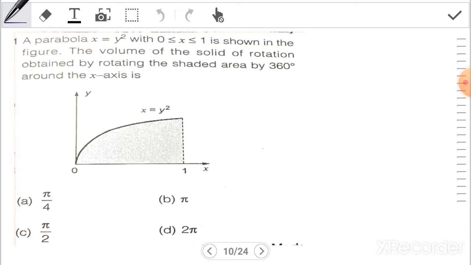A parabola x is equal to y square with x lying between 0 and 1 is shown in the figure.